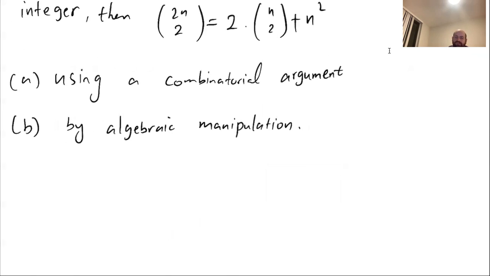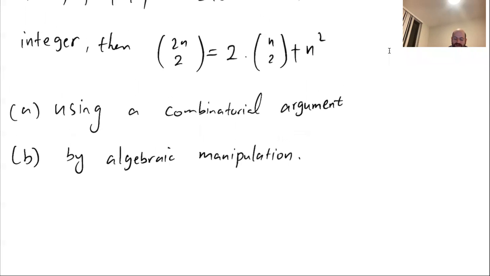Okay, so in a combinatorial argument, we want to prove an identity, and of course, each identity has a left-hand side and a right-hand side. The left-hand side counts the number of something. And if we show that the right-hand side also counts the number of the same thing, then we can say that those two quantities must be equal.